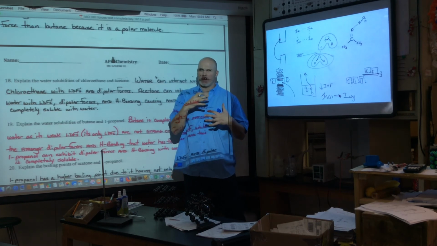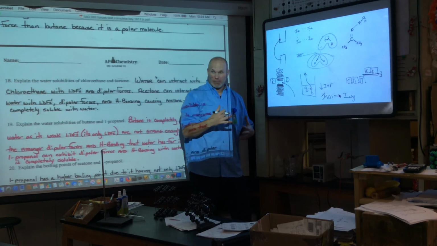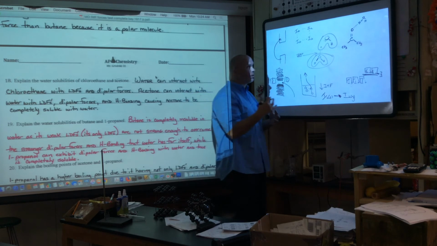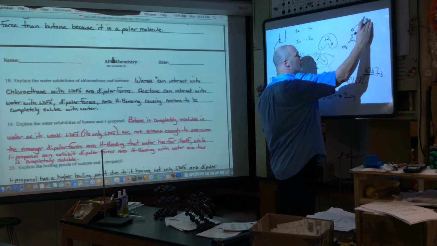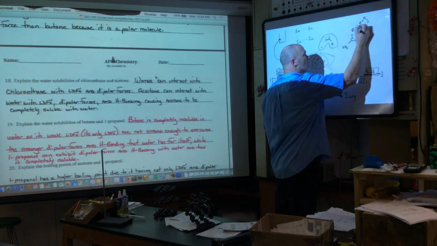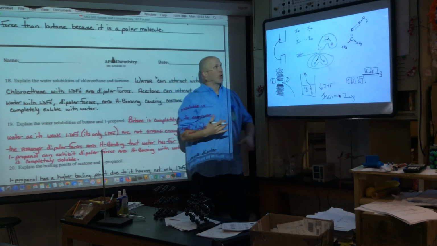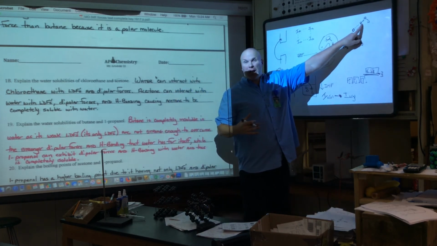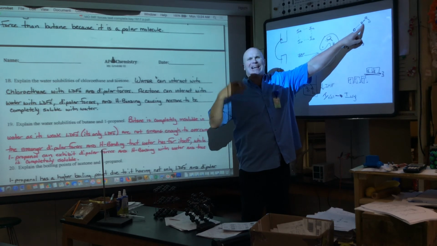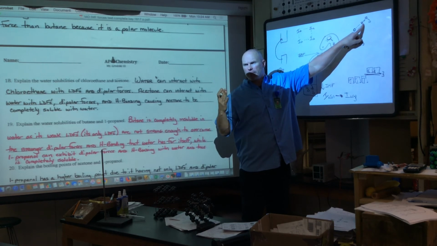We talk about boiling points, but in water, it's soluble or miscible because the electron deficient H of water can attract that O. Remember, H bonding occurs with an electron deficient H that's attached to an oxygen, a nitrogen, or fluorine.